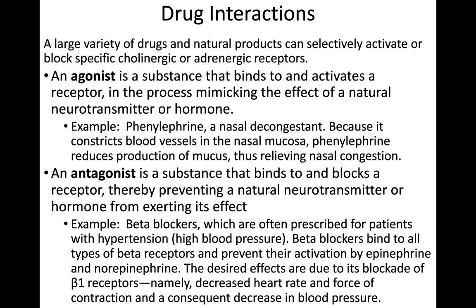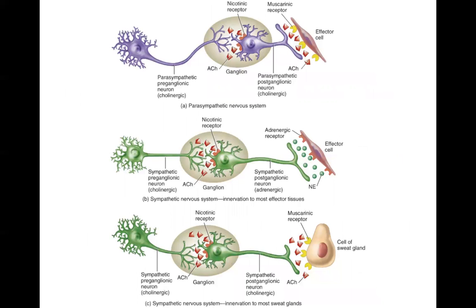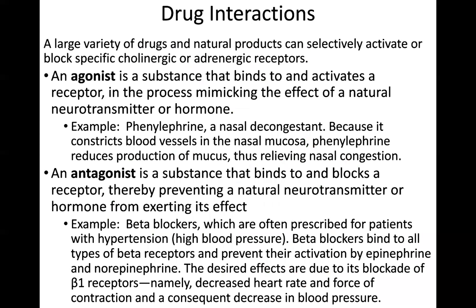We can throw them into two categories, those that are an agonist and those that are an antagonist. An agonist is a substance that binds to and then activates a receptor, which basically means that it's going to mimic the effect of the natural neurotransmitter or the hormone. So in other words, it's a chemical that instead of being acetylcholine, maybe it binds to this receptor and triggers that cell to do whatever that acetylcholine would do naturally. Okay, so it acts like the neurotransmitter, it just actually isn't.